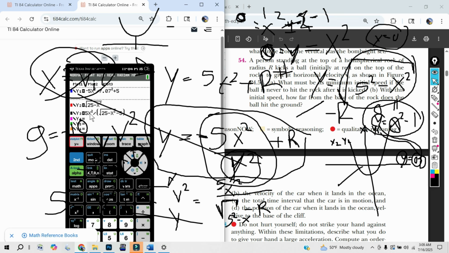If x is 1, I would just have 5 divided by... Yeah, that should work. Why isn't that graphing? 5x squared divided by the square root of 25 minus x squared, minus 5. Huh. Zoom out.